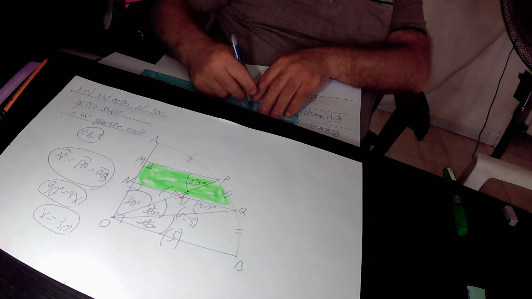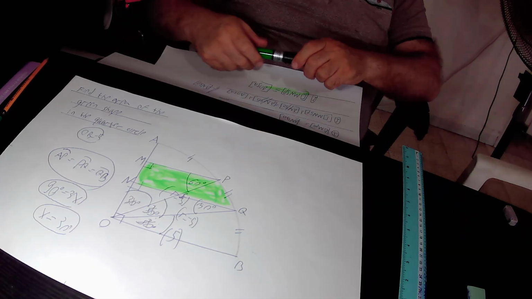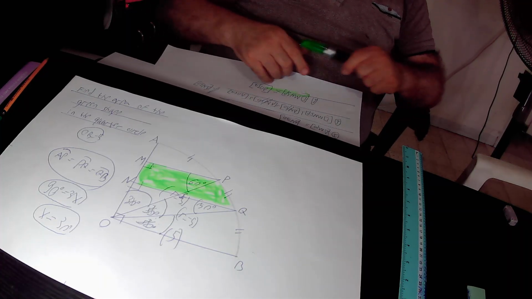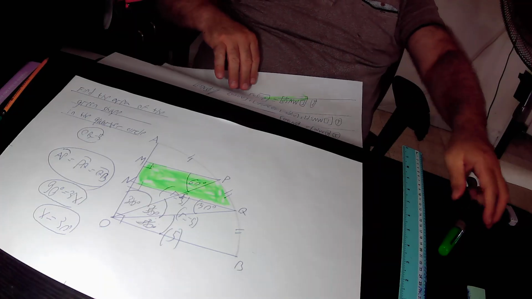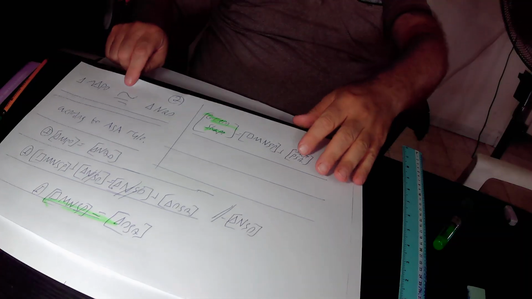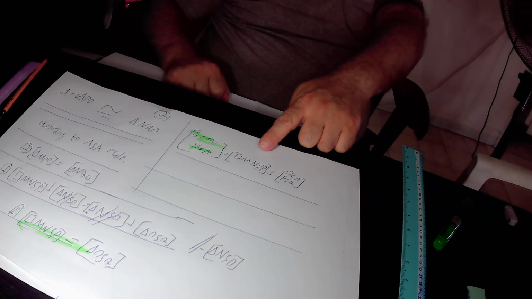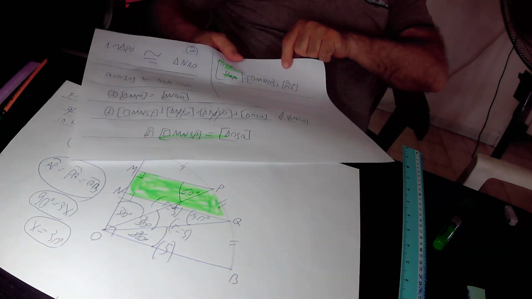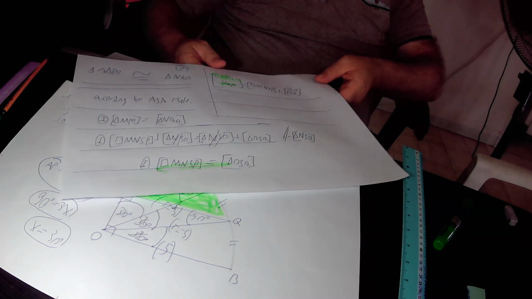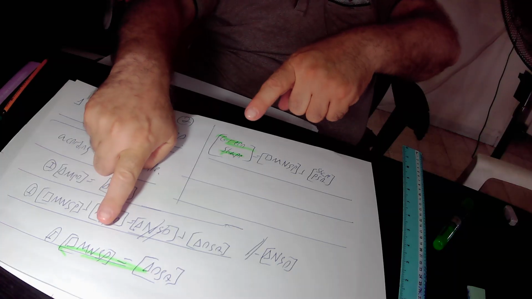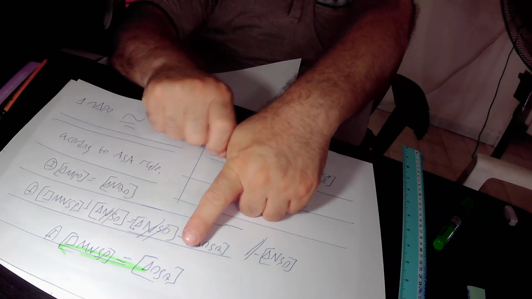So to repeat, we found out that the area of the green shape in total is equal to the area of the green quadrilateral MNSP plus the area of the small green shape PSQ. But we already found out that the area of the green quadrilateral MNSP equals the area of triangle OSQ.